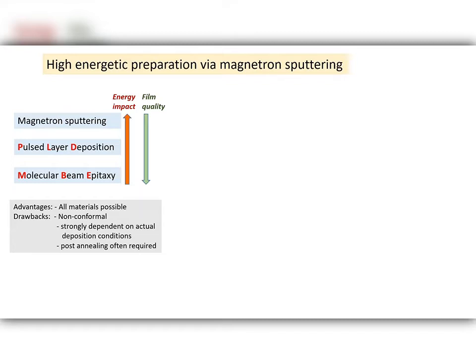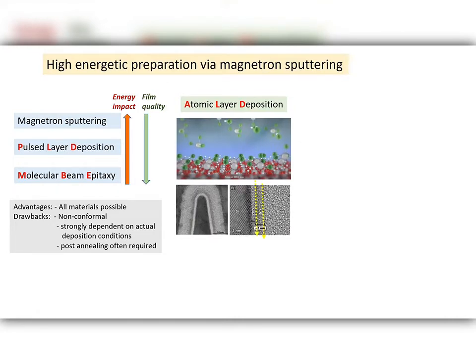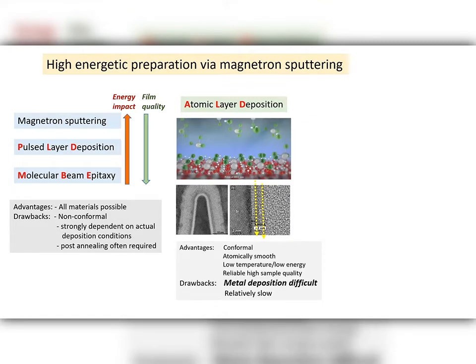In the last 2 decades, another technique which is extremely interesting for the semiconductor industry is atomic layer deposition. This is a conformal deposition technique where you grow atomically smooth layers layer by layer, and you see here some examples of the layer quality. Advantages are well seen. They are conformal, atomically smooth, they have low energy impact, and we have a very high sample quality.